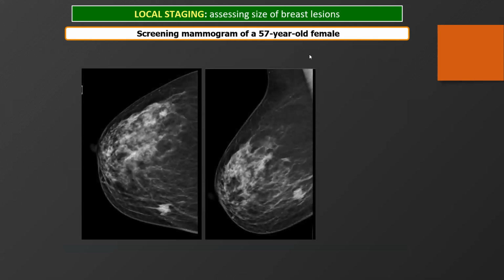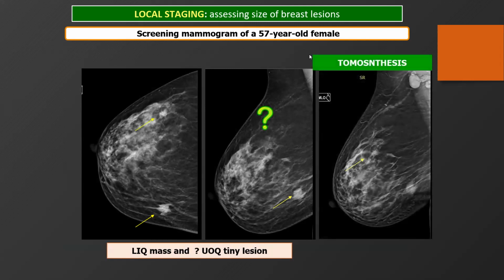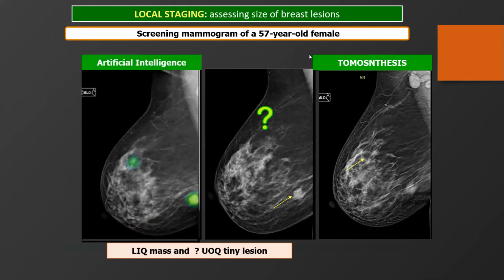Screening mammogram of a 57-year-old female showing a malignant lesion in the lower inner quadrant of the breast and query upper outer quadrant tiny lesion. With the tomosynthesis, the nature of the lesion does not confirm the malignant nature.